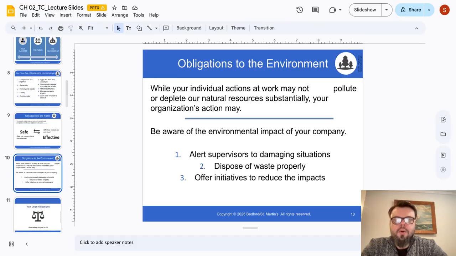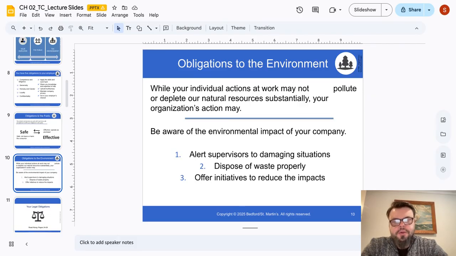The final category is obligations to the environment. In your day-to-day work, you might not personally cause pollution or resource depletion, but you may know how your organization's actions affect the environment through manufacturing processes, waste disposal, energy use, or product design.